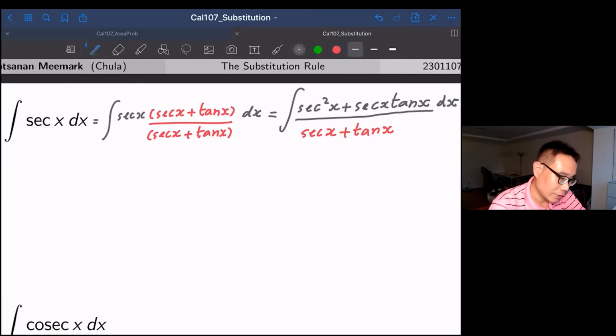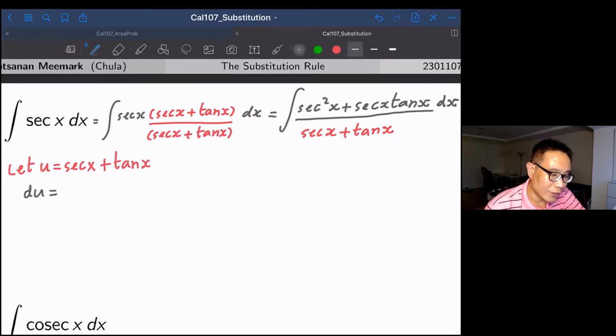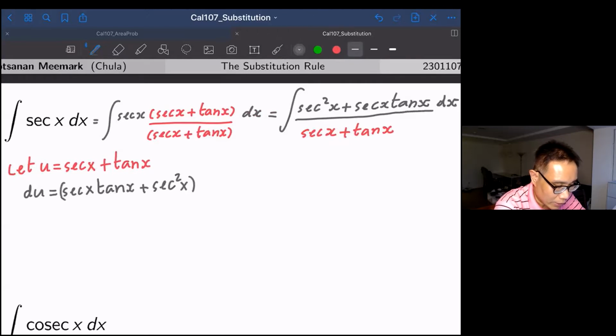The top one is kind of complicated, however in this case we're going to let u be the bottom one, so u is secant x plus tan x. Amazingly, when you compute du, it turns out to be exactly the same as the top one. You differentiate sec, you get secant x tan x, and you differentiate tan, you get secant squared x dx.